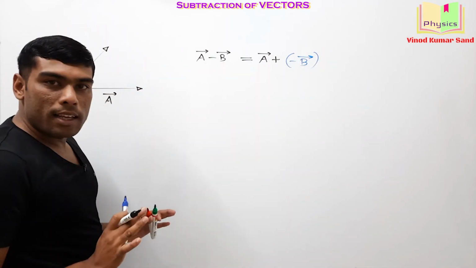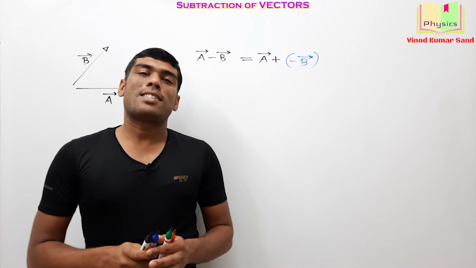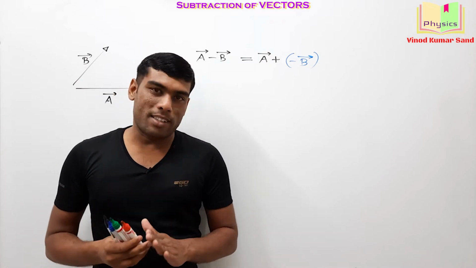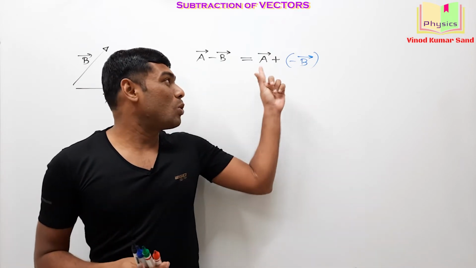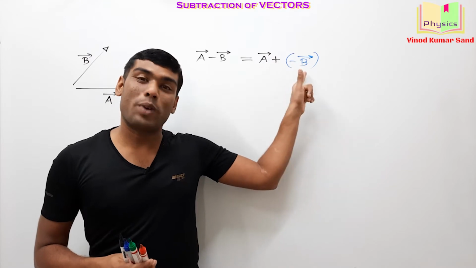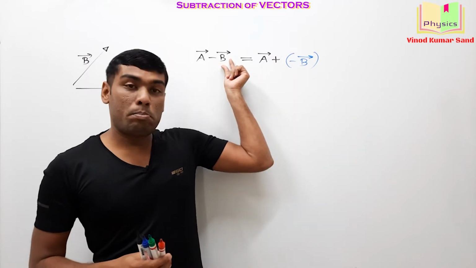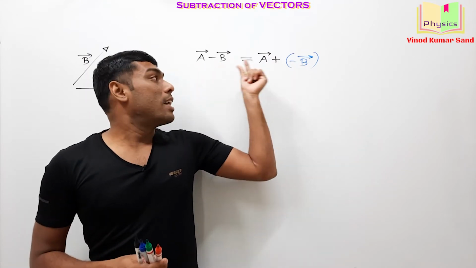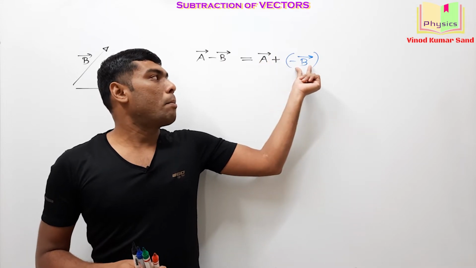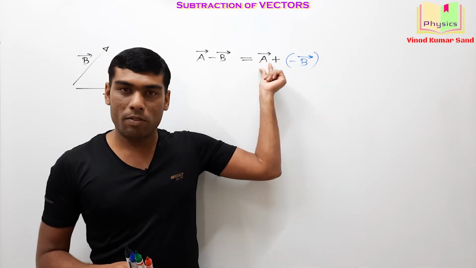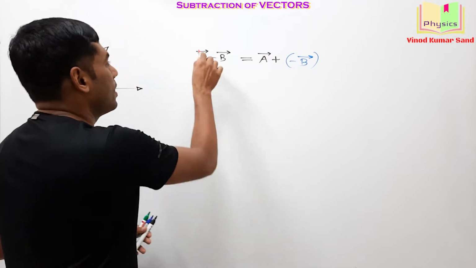Do you agree? It means subtraction of the vectors is a very easy thing if you know the addition of two vectors. To subtract the b vector from the a vector, you actually need to add the minus b vector with the a vector. Getting it?